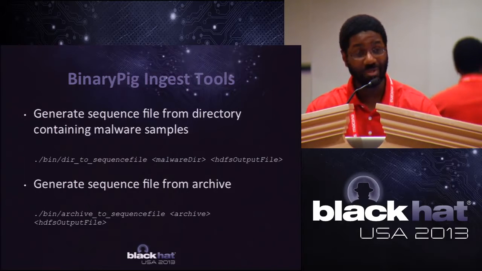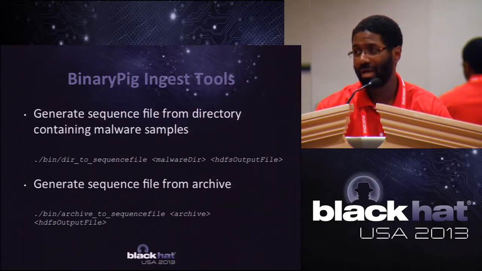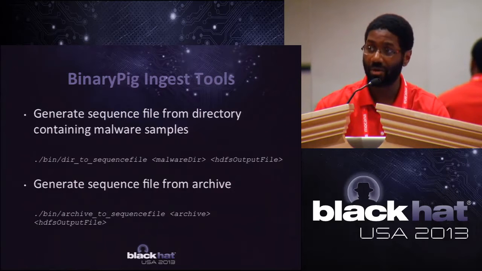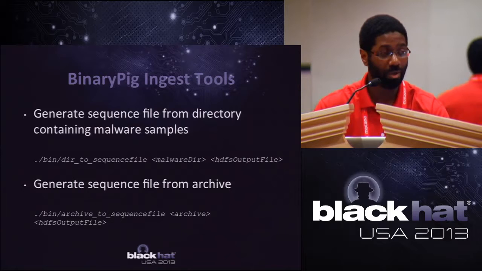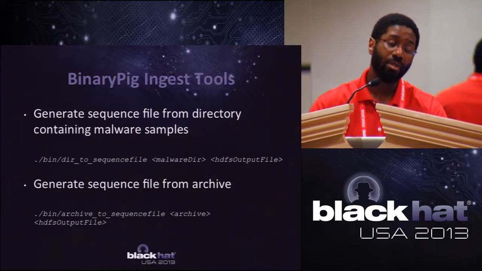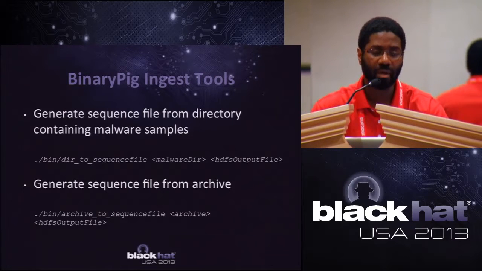All right, so the first thing you want to do, like we said before, is create the sequence file. We have a couple of scripts. We assume you already have a malware zoo somewhere that's either on disk or in an archive. So we have two convenient scripts that will take your archive or your subdirectory, generate that sequence file and copy it up to HDFS.